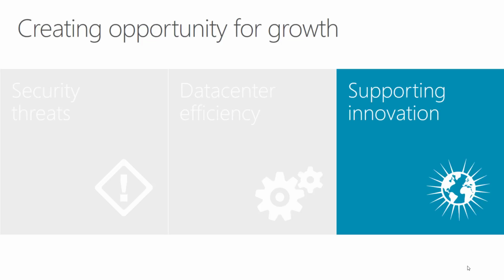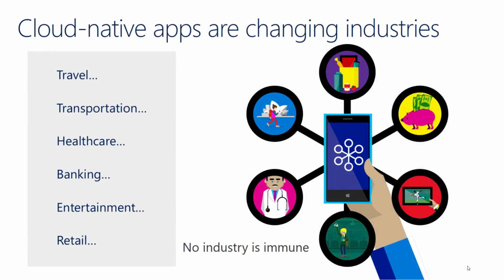So if we think about what innovation involves, well, we're at the point now where cloud native apps are really required across all types of industries. So industries that in the past may not have necessarily viewed themselves as bleeding edge, for example, are suddenly having to really start to adopt a lot of new technologies at a rapid pace based on the requirements of different types of users and different competitors starting to enter the marketplace.